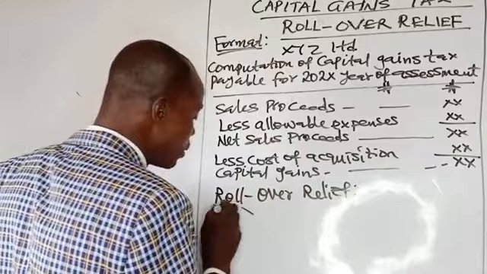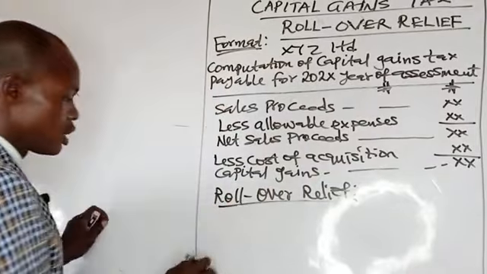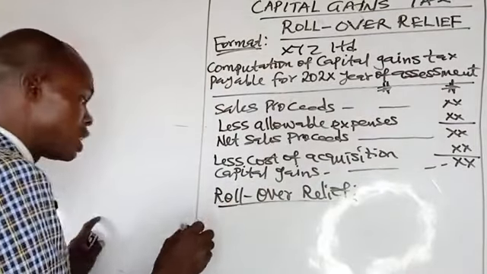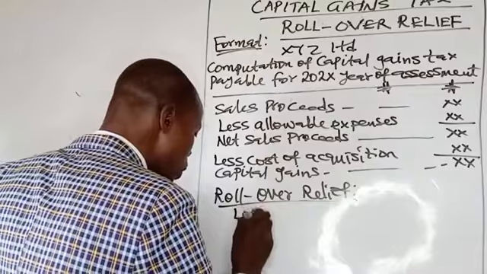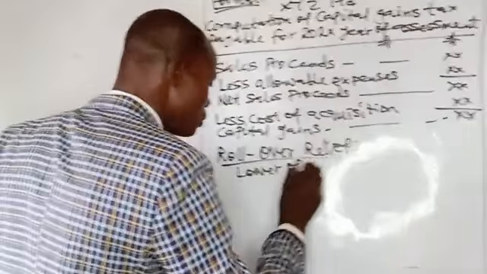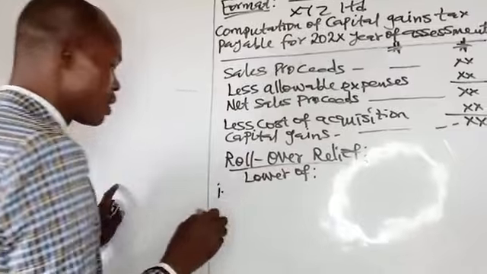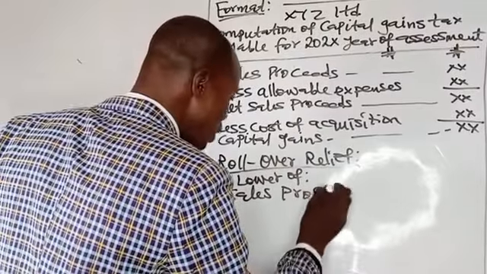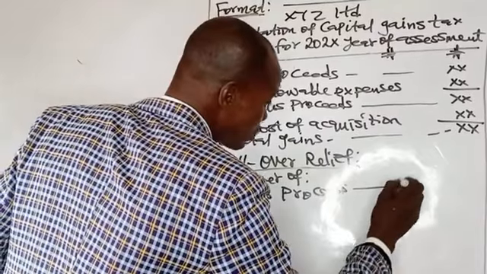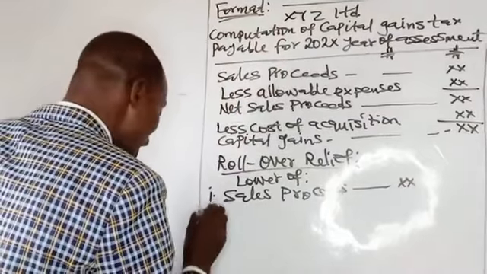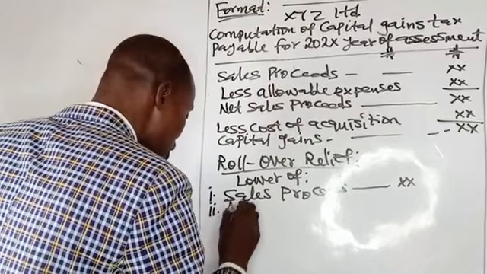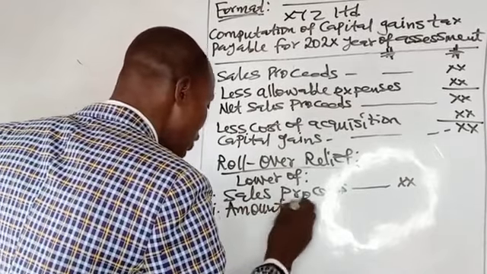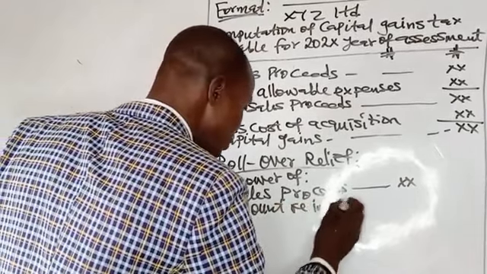Rollover relief includes, so I've told you that you always start with the lower of these two items. Number 1, sales proceeds, then amount reinvested.